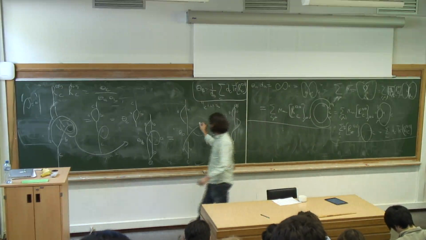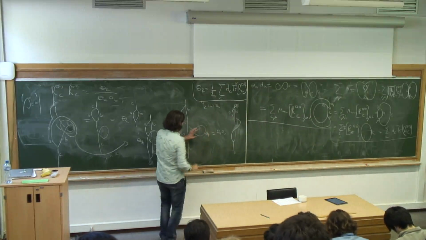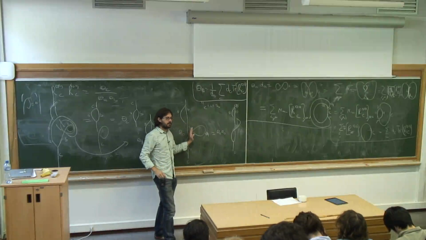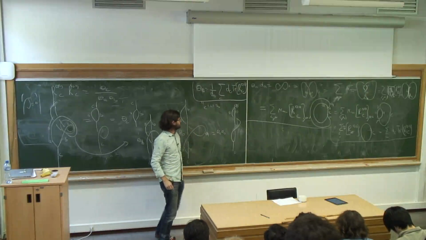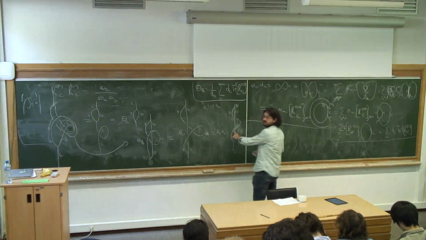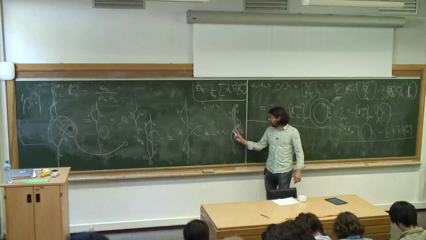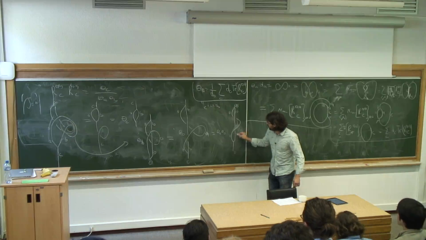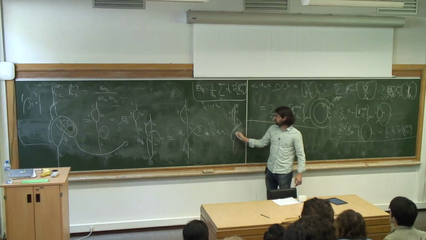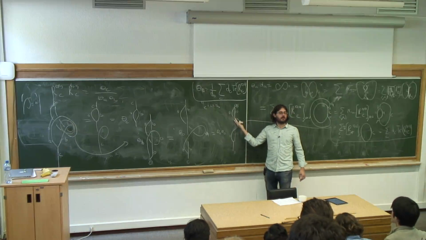By saying that this, which is A, is equal to theta A times the line. But what is this? This is just R. This is A, B, A, B. This is just RAB, RBA.